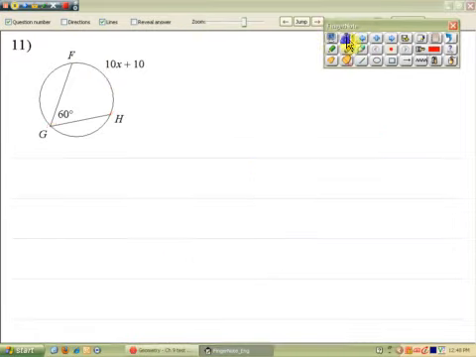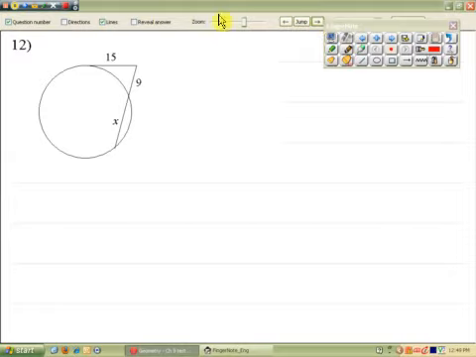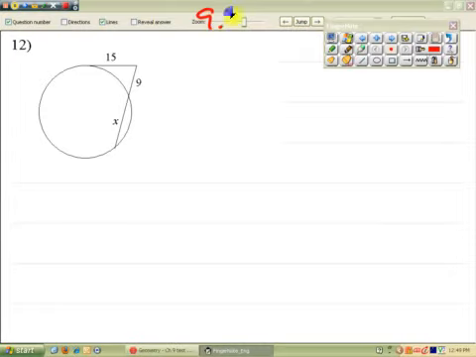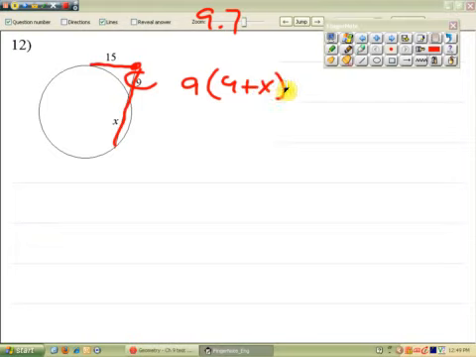Now number 12 comes from section 9-7. So the next section covered the segment lengths of secants and tangents. And when we're doing segment lengths and we have two lines that meet outside, then you want to set up the equations by using the outside of one line times the total length of the line.